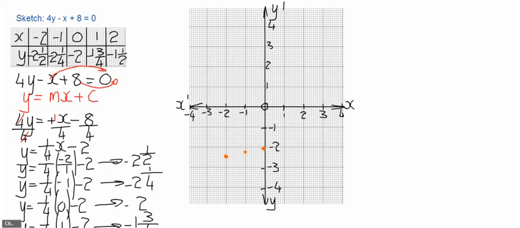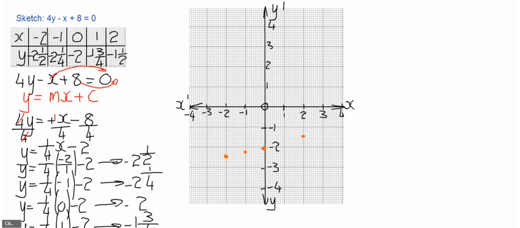It's over there. And for the next one, when x is 2, our y is negative 1.5, which is approximately over there.